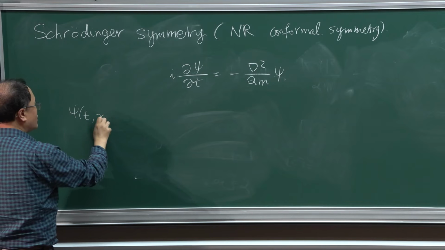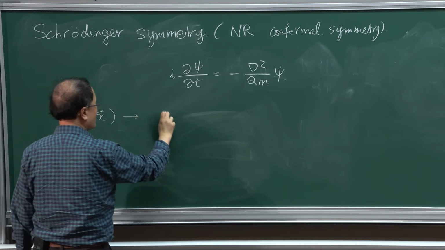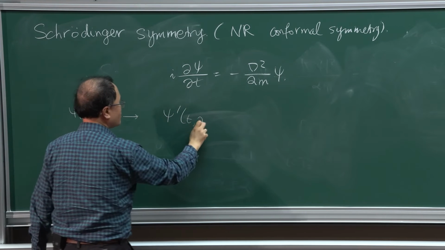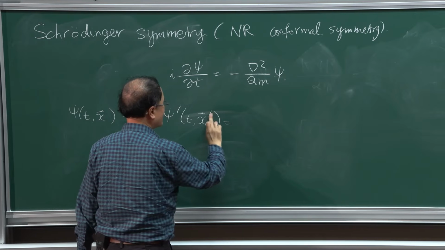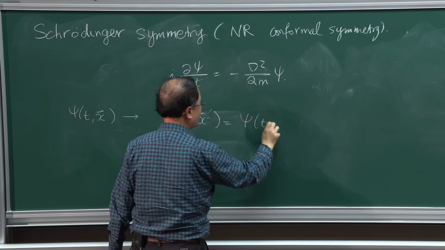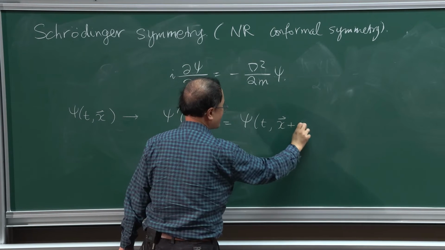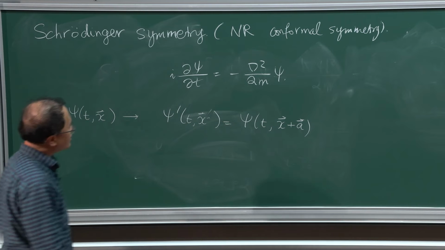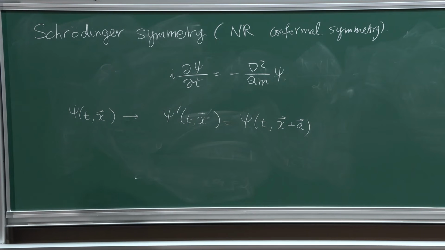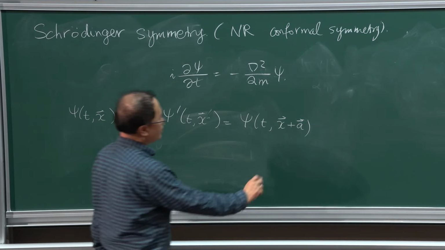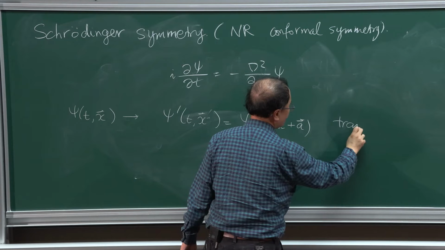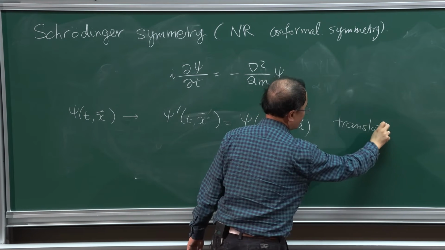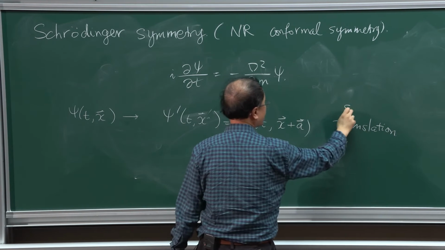If I have a solution psi(t, x), I can construct a new solution psi prime, which is equal to the old solution at the displaced position x plus a. That is the operation of translation. So I have spatial translation.